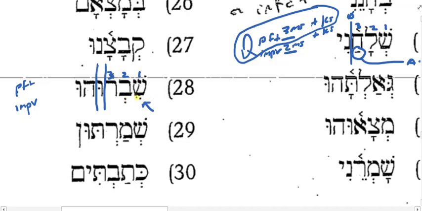Okay? So this is characteristic of the imperative. And if it's the imperative, the shuruk at the end of an imperative is always 2MP. So this is a command to break. Shavar, break. Shivru, hey you guys, break.